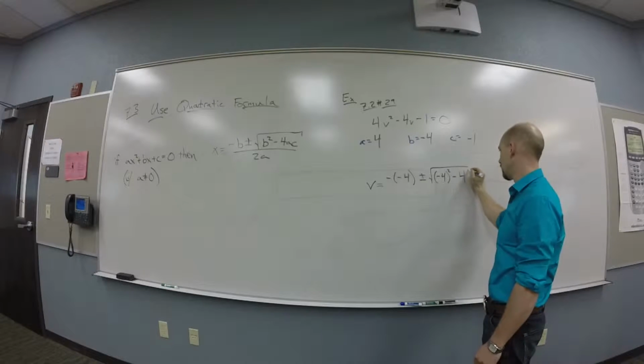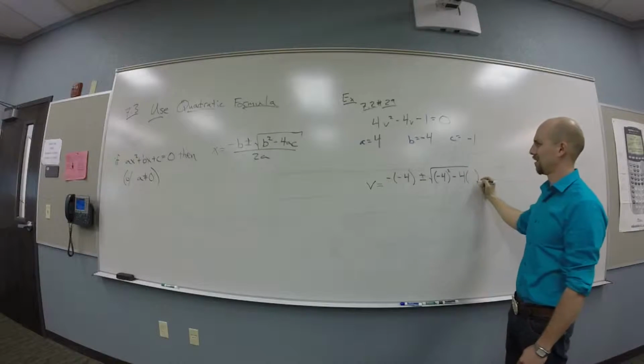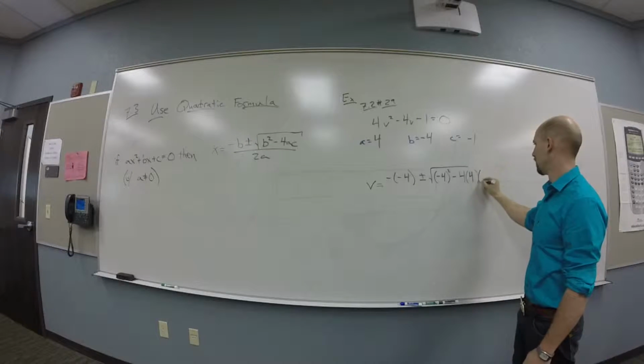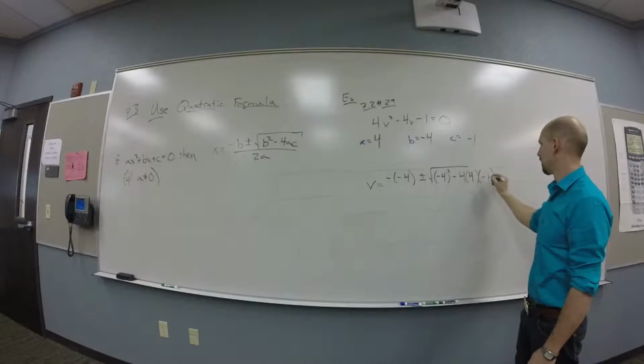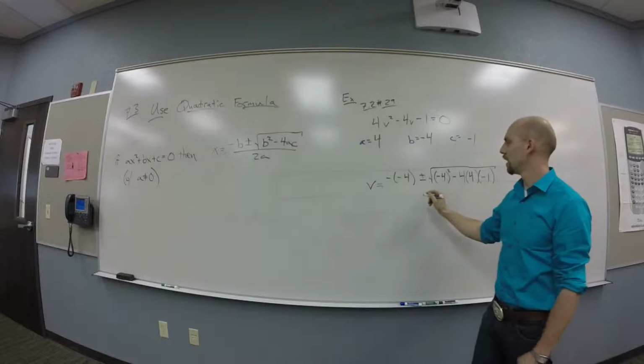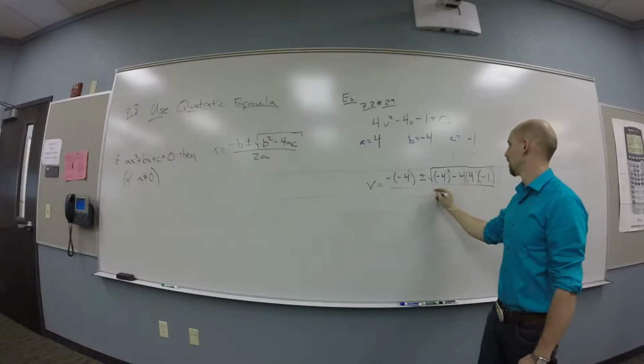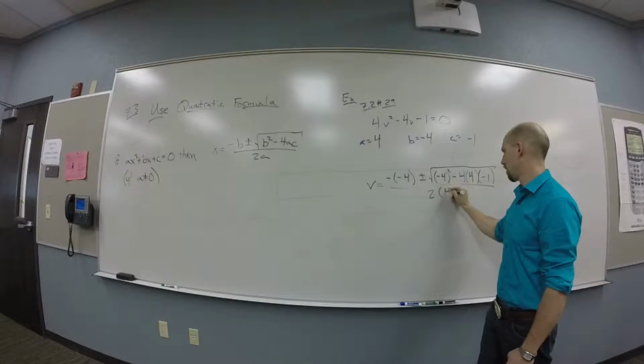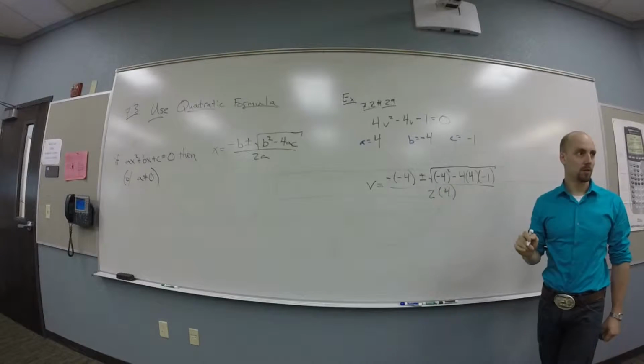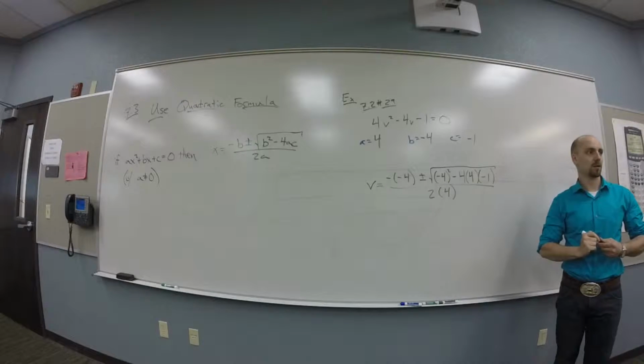Minus 4 times, what's A? 4. What's C? -1. And all over 2 times 4. Okay, see the matching?